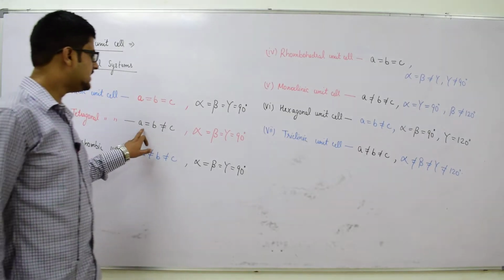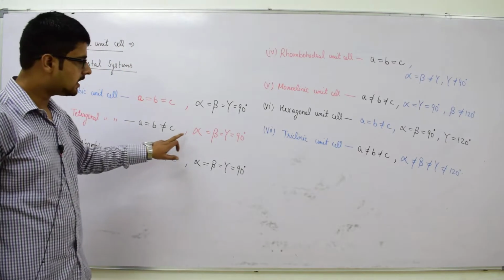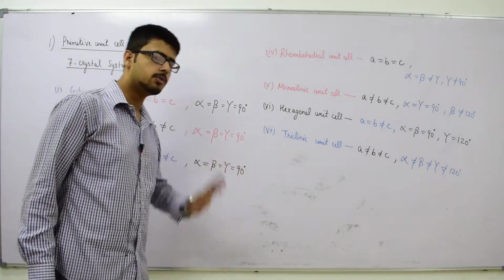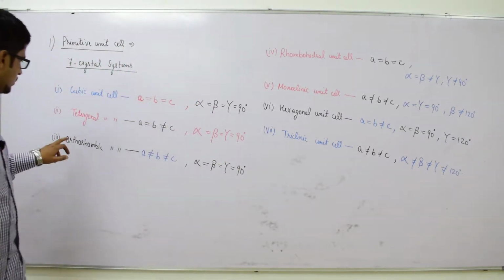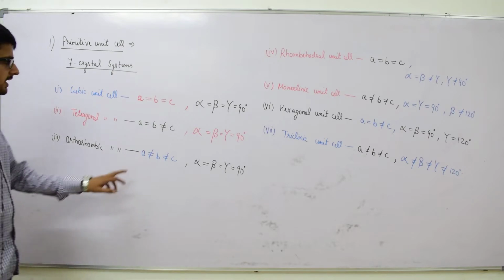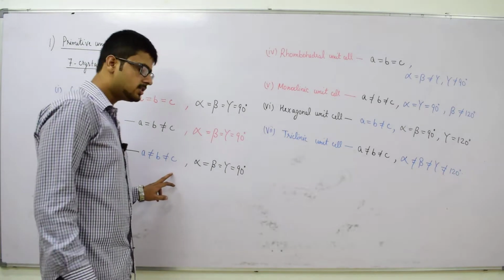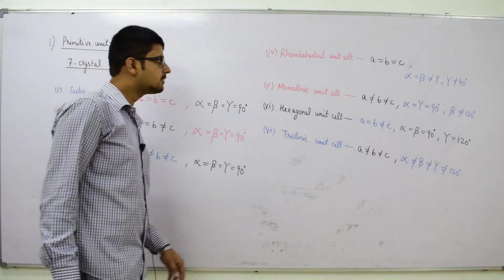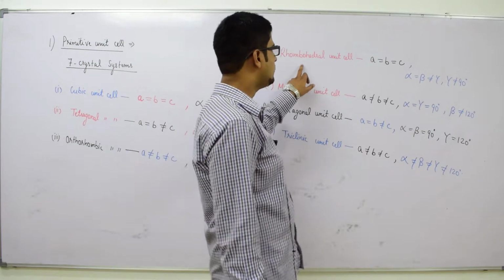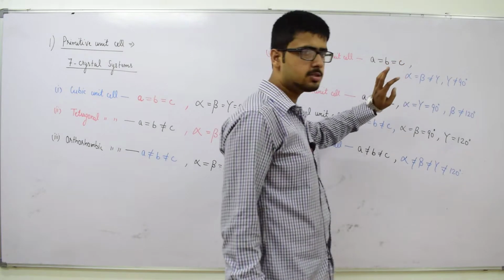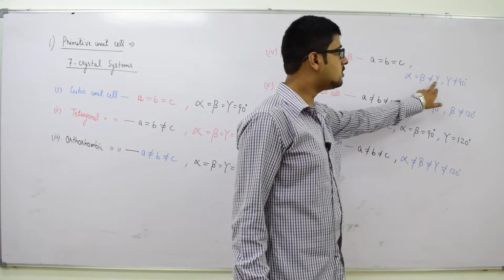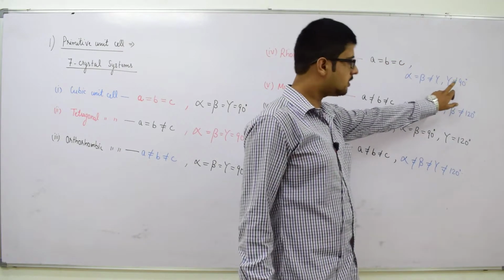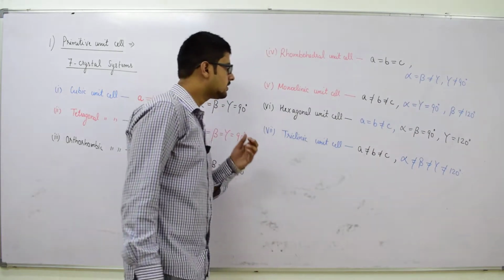Tetragonal unit cell, A is equal to B is not equal to C, alpha is equal to beta is equal to gamma is equal to 90 degree. Third one, orthorhombic unit cell, A is not equal to B is not equal to C, alpha is equal to beta is equal to gamma is equal to 90 degree. Fourth one, rhombohedral unit cell, A is equal to B is equal to C, alpha is equal to beta is not equal to gamma and gamma is not equal to 90 degree.